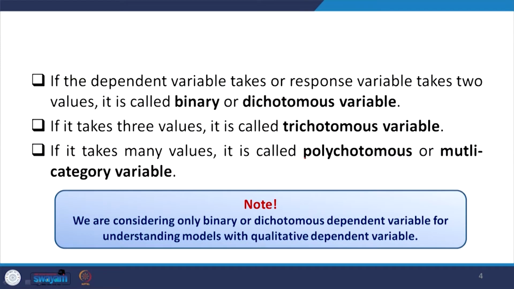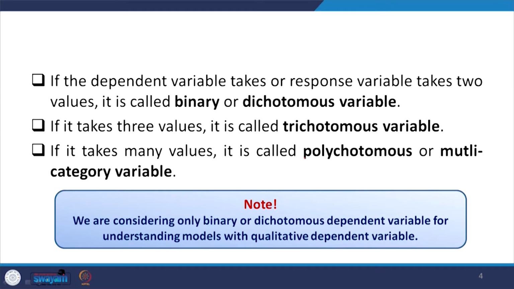Accordingly we have different regression specifications. If the response variable takes 2 values, it is called a binary or dichotomous variable. If it takes 3 values, it is called trichotomous, and if more than that, it is called polychotomous or a multi-category variable.